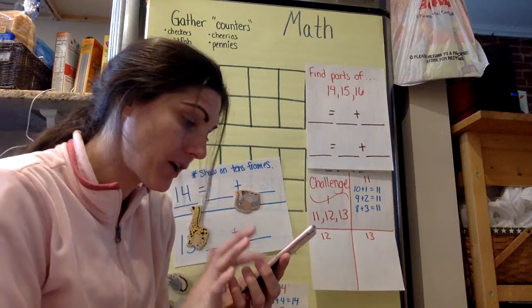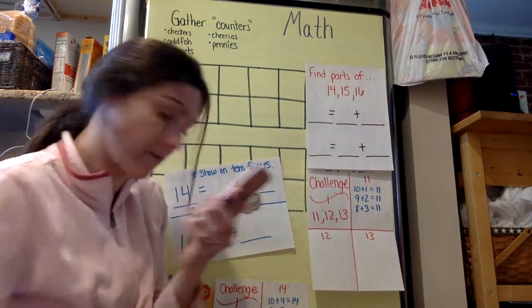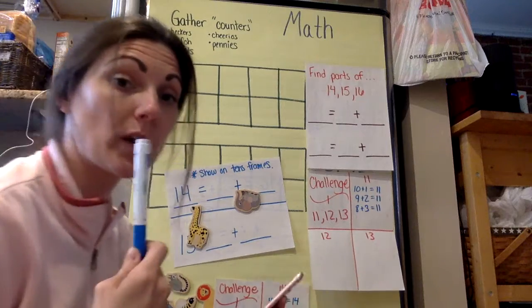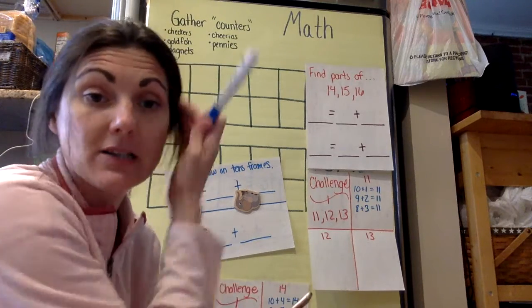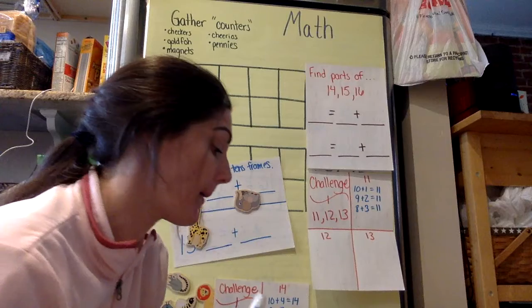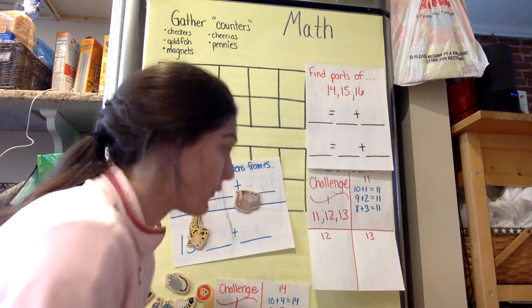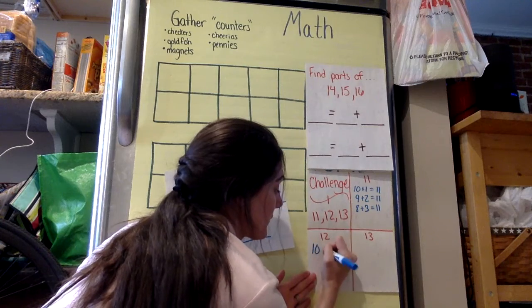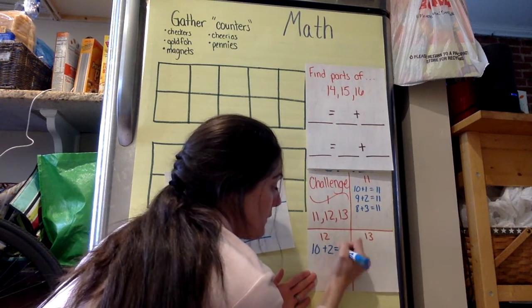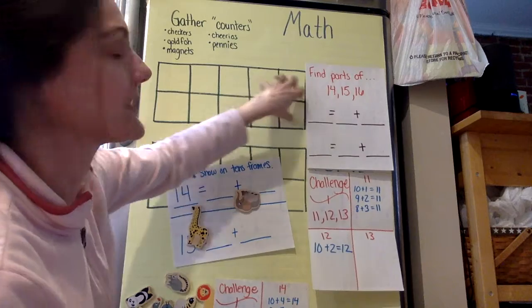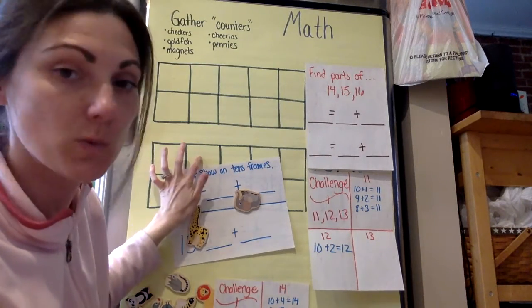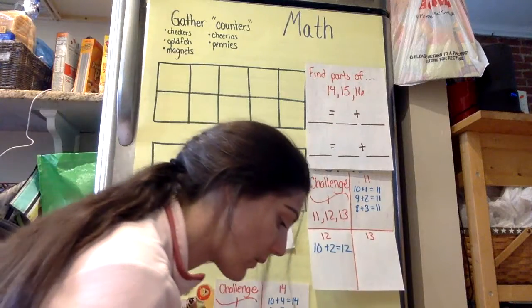Gianna for 12 wrote, and I'm writing it in blue, so you can write this too if you didn't do it yesterday or if you're checking your work. Gianna wrote for 12, she has 10 plus 2, which equals 12. If we filled this tens frame with all 10 and we added 2 more, we would have 10, 11, 12. So that's one equation.